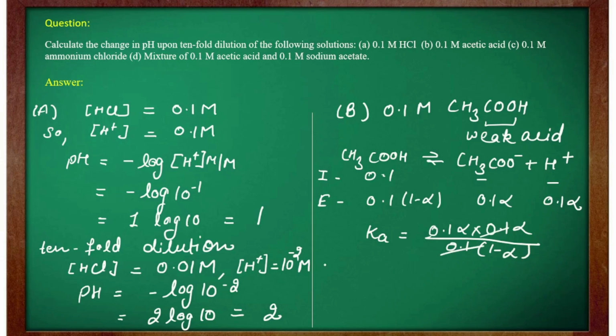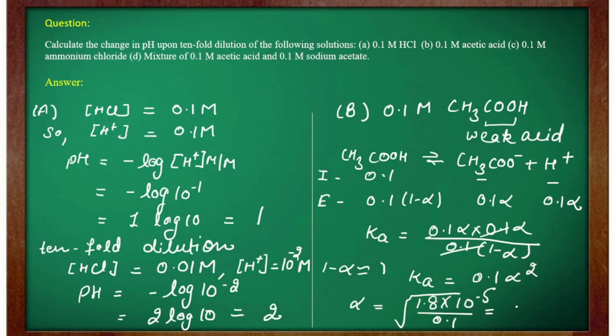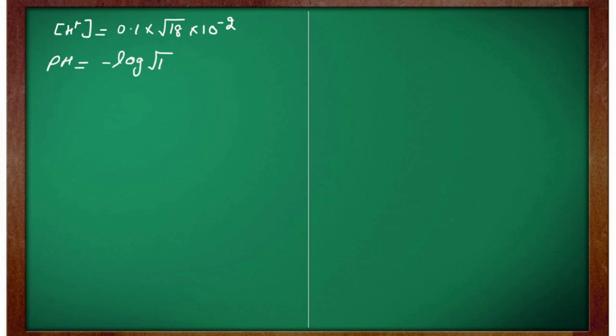Alpha value is very small, so we can ignore alpha value in comparison to 1. Dissociation constant is equal to 0.1 alpha square. By putting the value of dissociation constant, alpha value is equal to square root of 1.8 multiplied by 10 raised to power minus 2. On solving, pH value comes out to be 2.87.